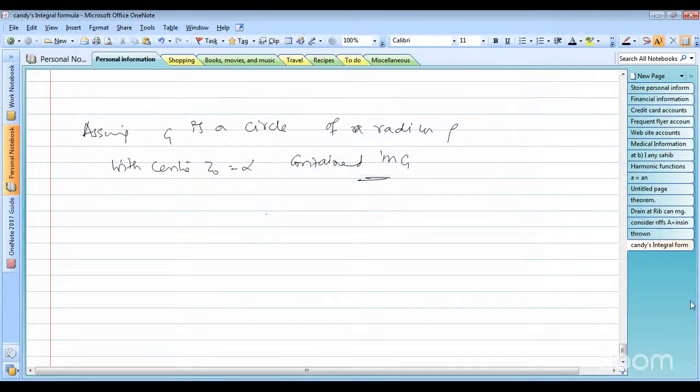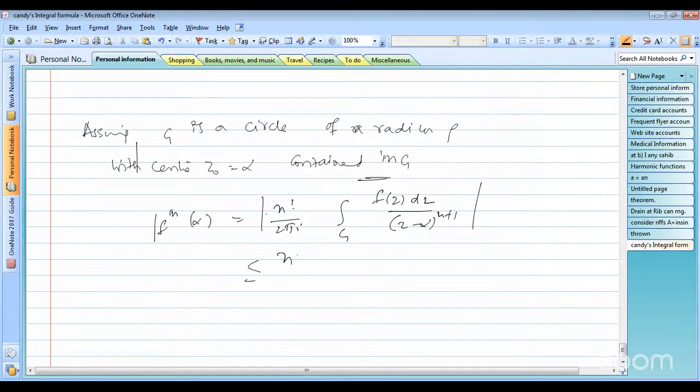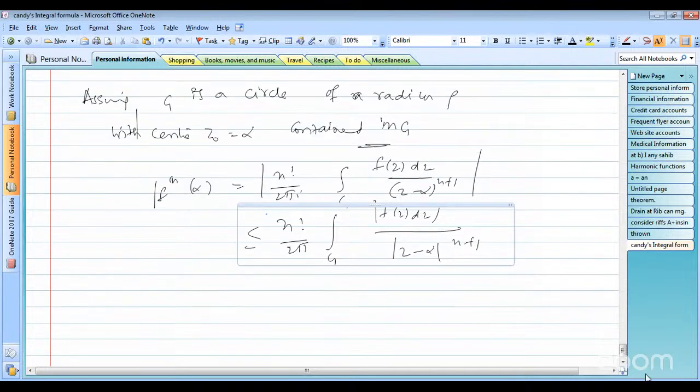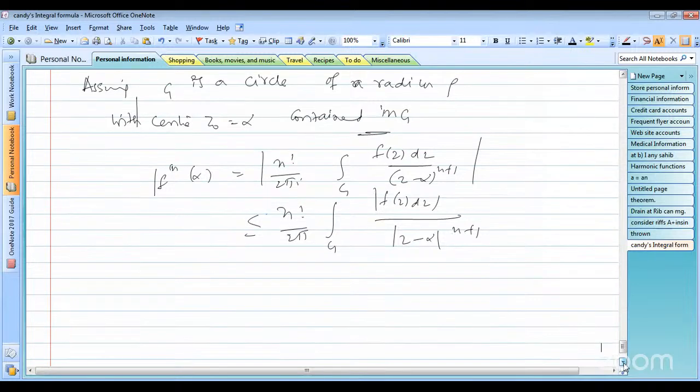So therefore, we get that contained in G. So therefore, from equation 1, f^(n)(alpha) is n! by 2 pi i, integration over C1 of f(z) dz by (z minus alpha)^(n+1). So the modulus is less than or equal to n! by 2 pi, integration over C1 of |f(z)| |dz| by |z minus alpha|^(n+1). We take the constants outside the integration, so that is less than or equal to n! by 2 pi, that is M by rho^(n+1), times the integration over C1 of the modulus of dz.